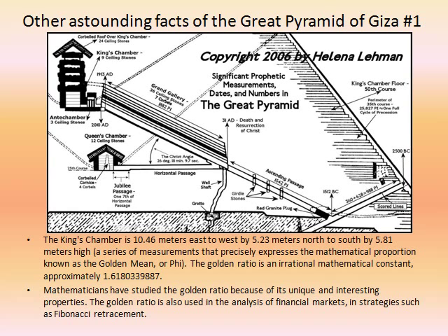The golden mean, or ratio, is an irrational mathematical constant, approximately 1.6180339887. Mathematicians have studied the golden ratio because of its unique and interesting properties. The golden ratio is also used in the analysis of financial markets, in strategies such as Fibonacci retracement.